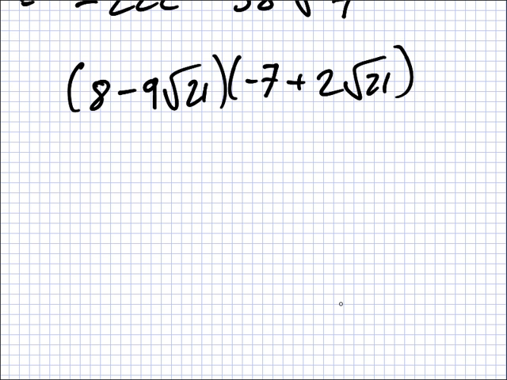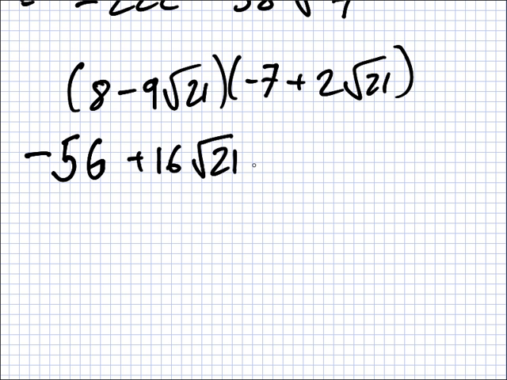Let's have a look. 8 times 7? 56, isn't it? No, 63. No, 56, isn't it? Sorry. English. 8 times 2 root 21? 16 root 21.